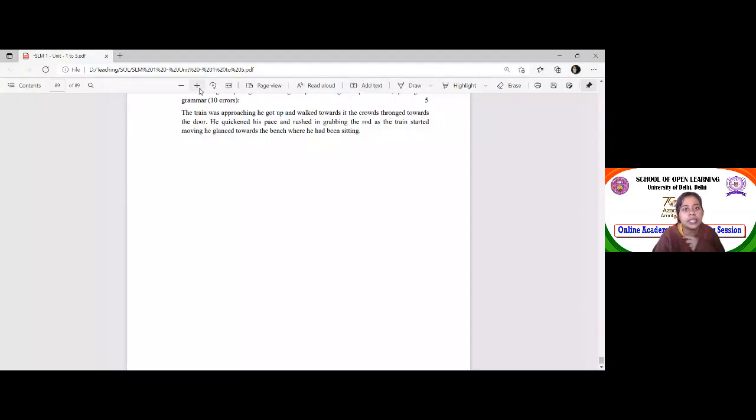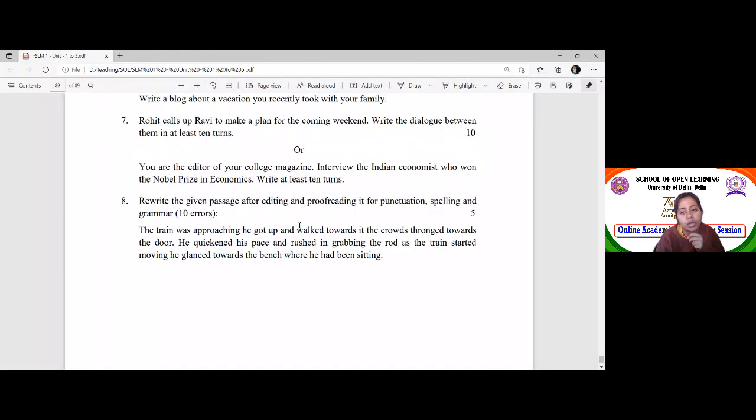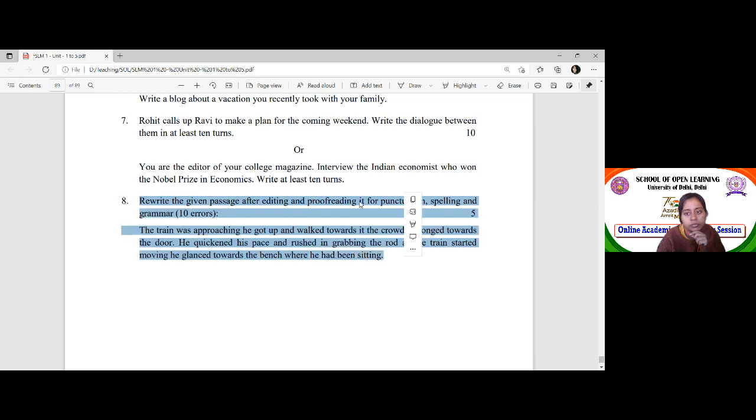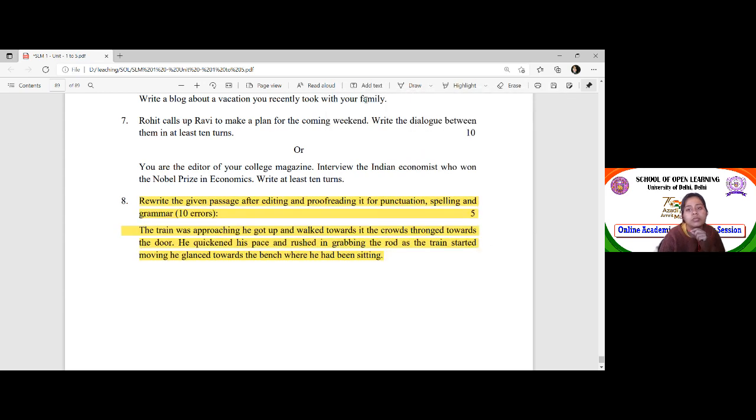If you can see, this is how grammar usually comes in your exam. This is from one of the question papers. Here it says: rewrite the given passage after editing and proofreading it for punctuation, spelling, and grammar.